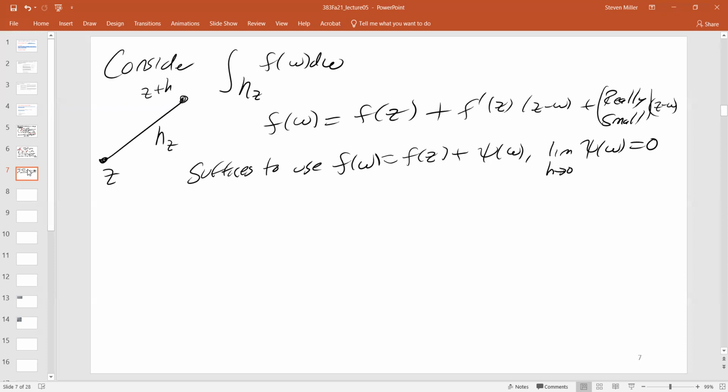What property am I using of the function? I'm not using differentiability. I'm using something a little bit weaker. Continuity. Just need continuity. Wait a minute. If I just need continuity, then why was I assuming that f was holomorphic if I'm not going to use my f prime?